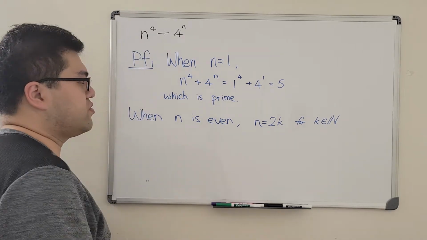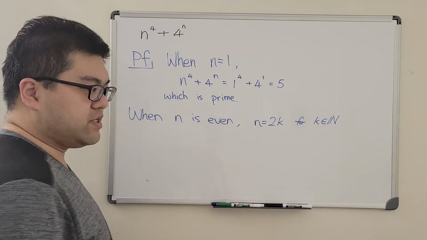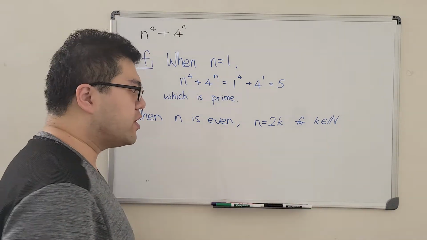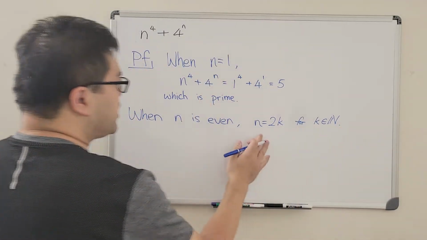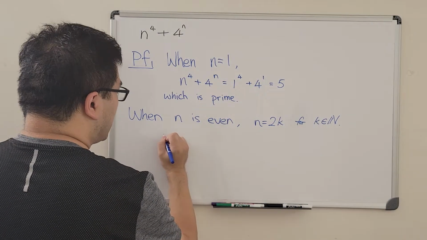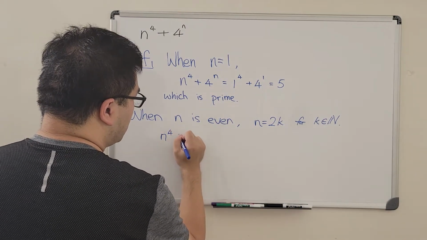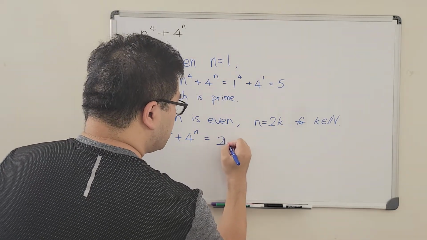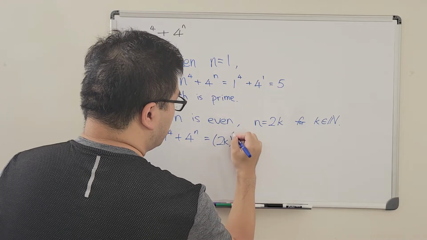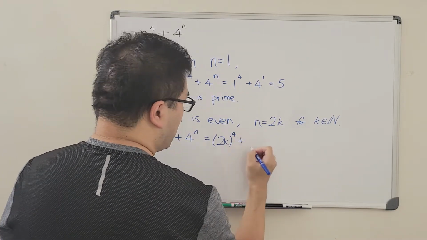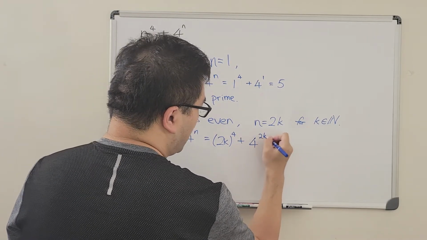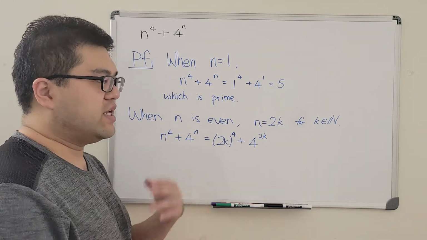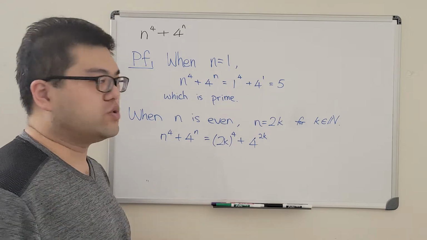And again, we have already seen that the 0 case is not going to work either, so here we don't even have to worry about it. Then what do we get? We now get n to the 4th power plus 4 to the nth power equals (2k) to the 4th power plus 4 to the 2kth power. And remember that k in this case is a natural number bigger than or equal to 1.